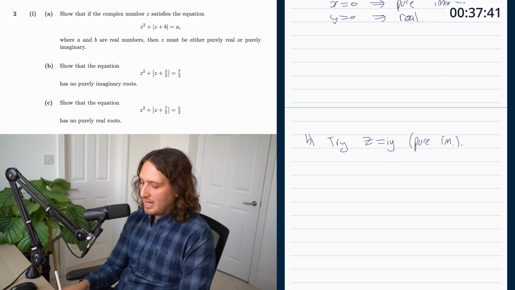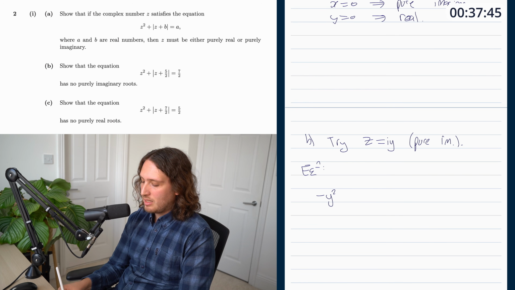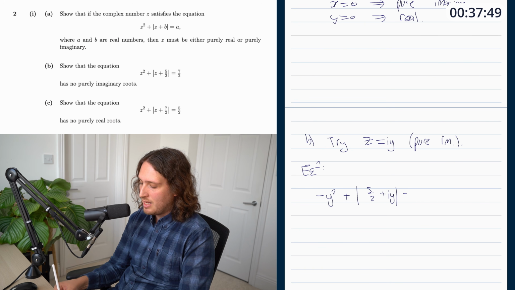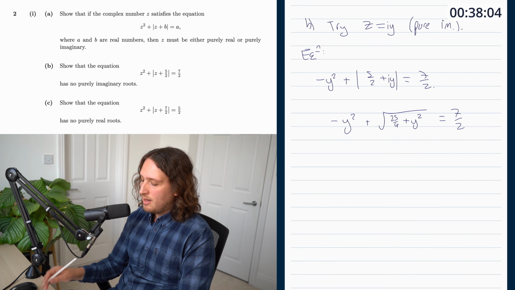So if I do that, the equation reads minus y squared plus magnitude 5 over 2 plus iy equals 7 over 2. I can write the magnitude using Pythagoras. Minus y squared plus square root 25/4 plus y squared is 7 over 2.